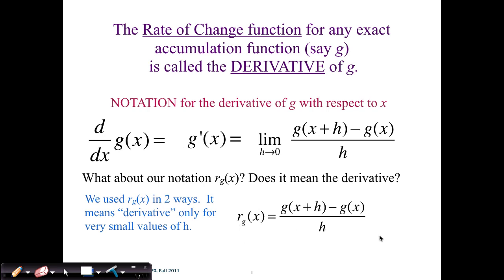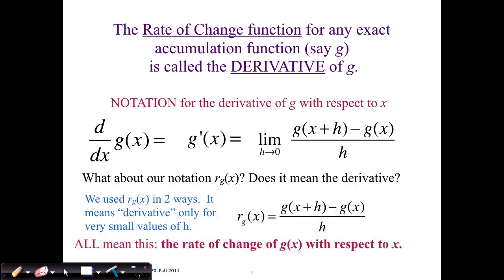Just with this, again, we've used it two ways, with small h and with not specific h. So it's either just some sort of rate of change or an exact rate of change if we imagine h exceptionally small or h essentially 0. In any case, regardless of what notation's used, just keep in mind it's always talking about this rate of change of whatever the function name is, g, with respect to x, or the rate of change of g of x, or whatever the dependent variable name is.